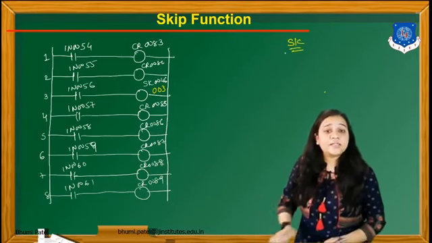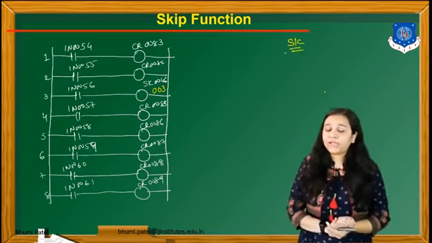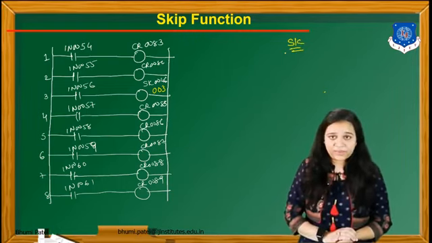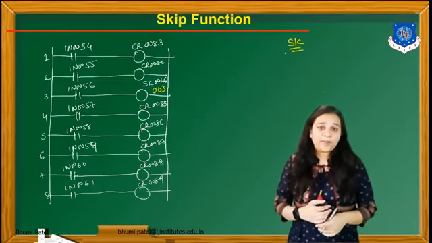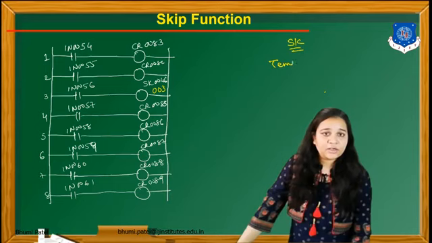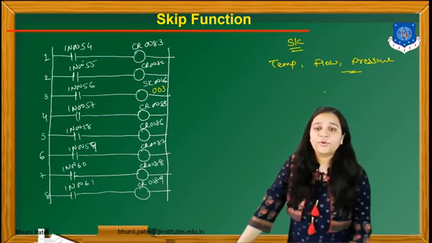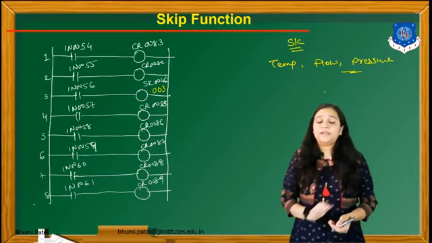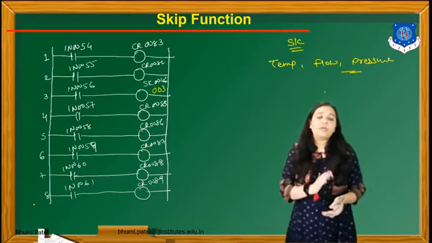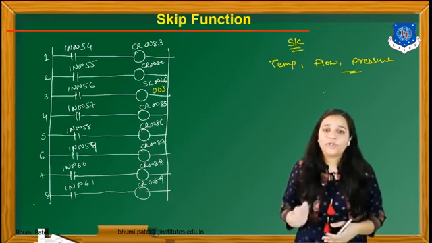Now what is the application of this skip function? Suppose our plant is running with a temperature controller, a flow controller and a pressure controller, and depending upon the output we have to draw the closed loop system.